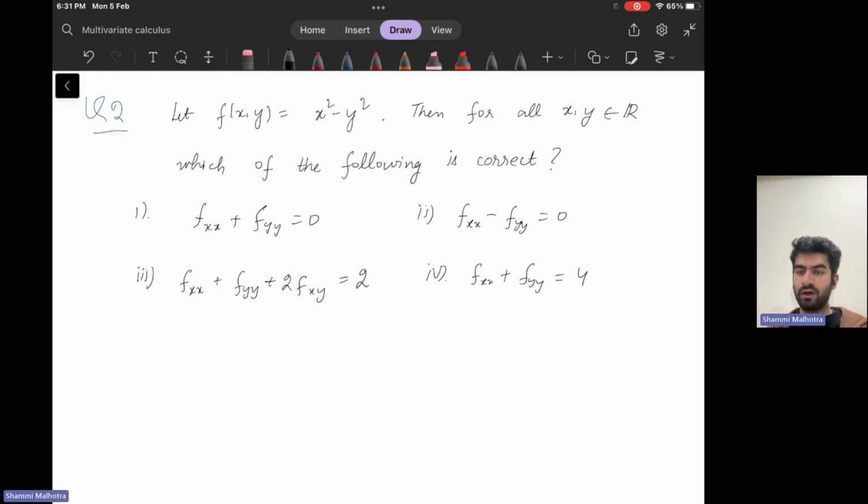So since the function given here is a very good function, to calculate the partial derivatives we can just directly differentiate.